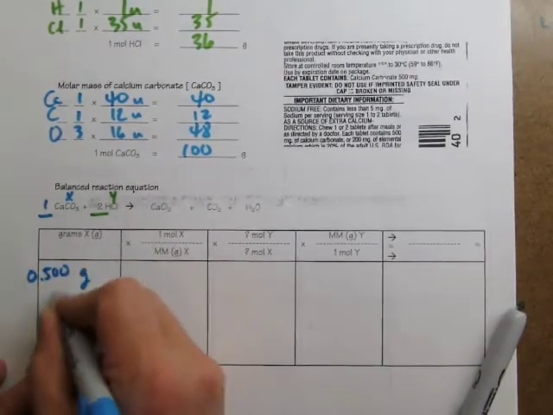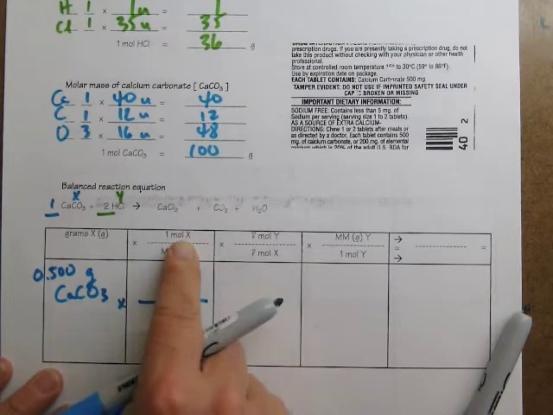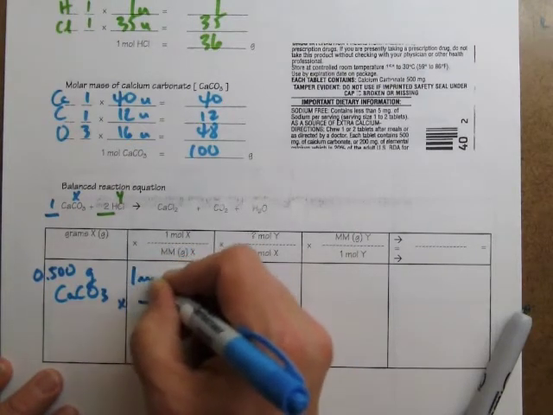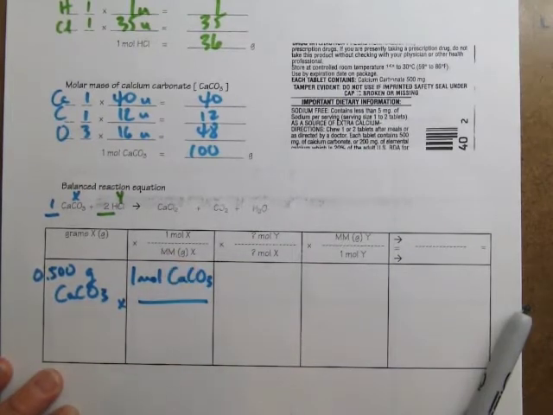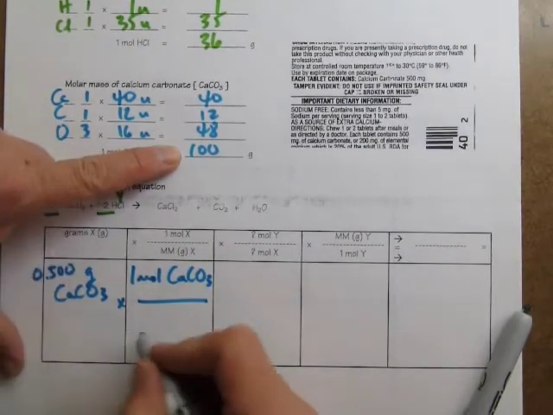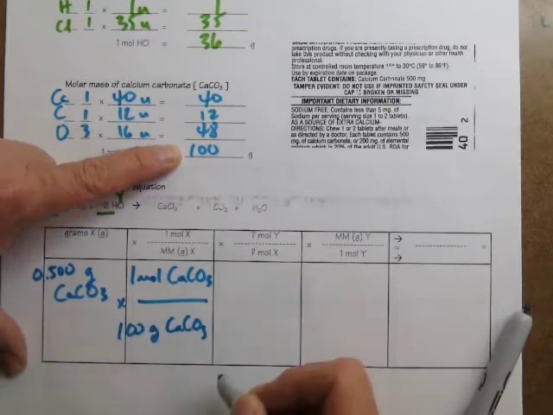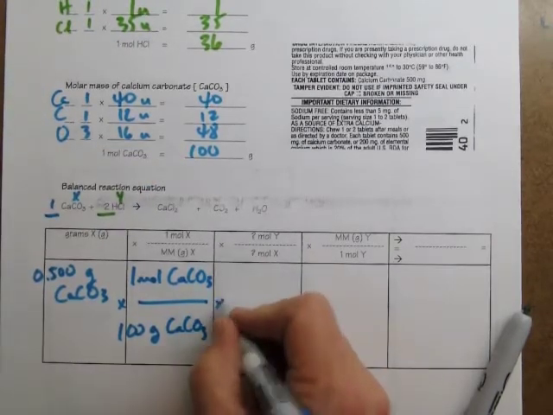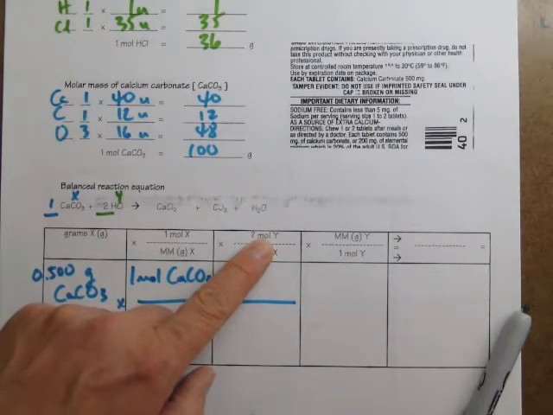Starting with what we know, there are 0.500 grams of calcium carbonate in a Tums times 1 mole of calcium carbonate over the molar mass of calcium carbonate, which we calculated, 100 grams of calcium carbonate, times how many moles of our Y substance?